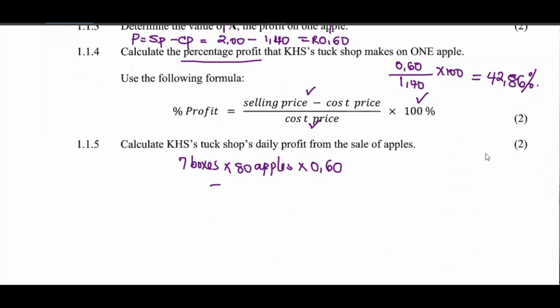So in other words, it's 7 times 80 times 0.6. That's the money they make.